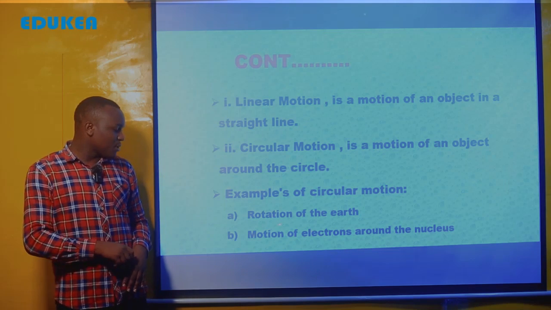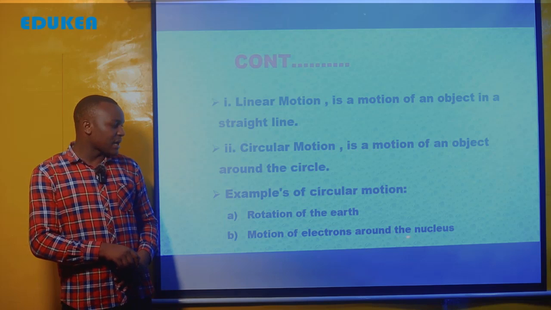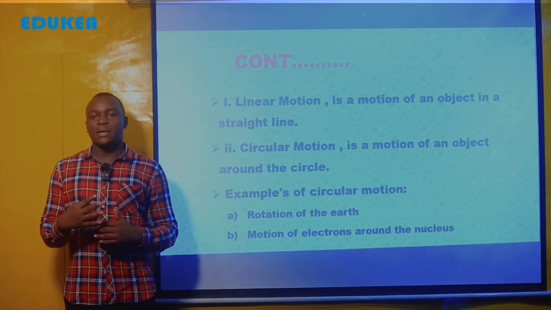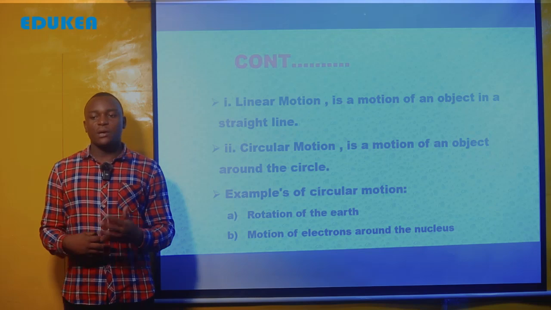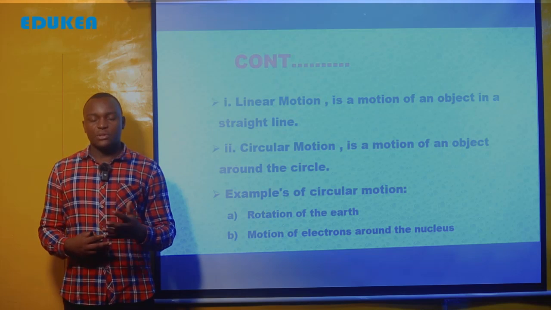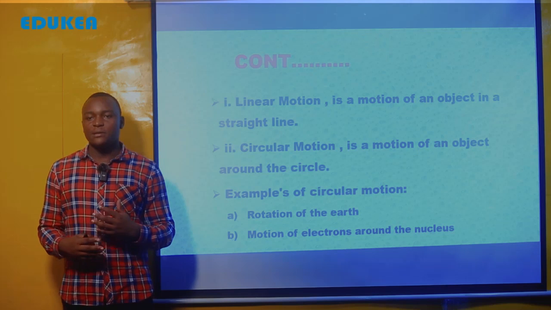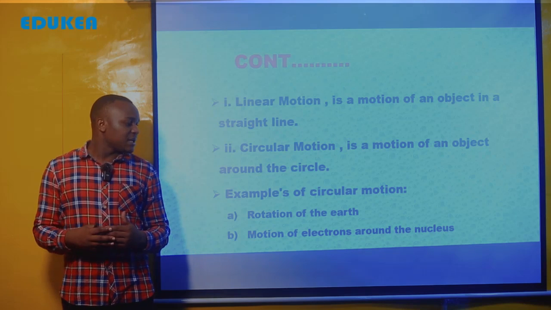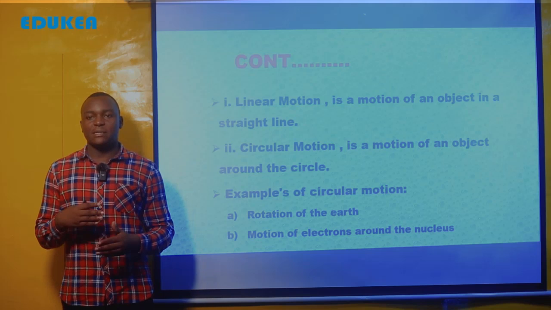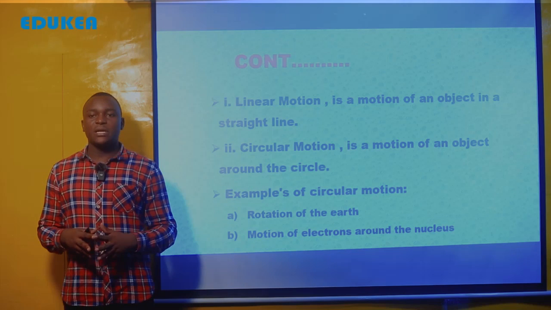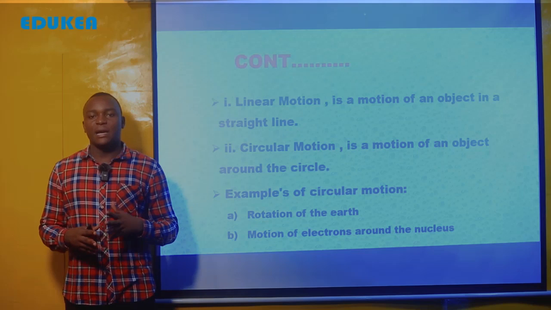Also, motion of electrons around the nucleus is a kind of circular motion, a motion along a circular path. But linear motion is the motion of the body along a straight line.